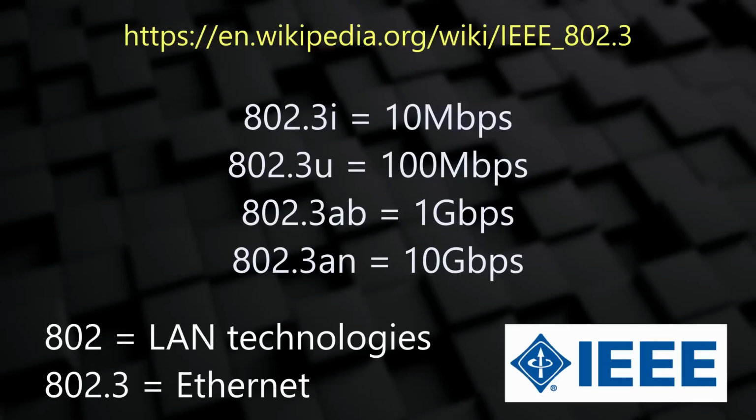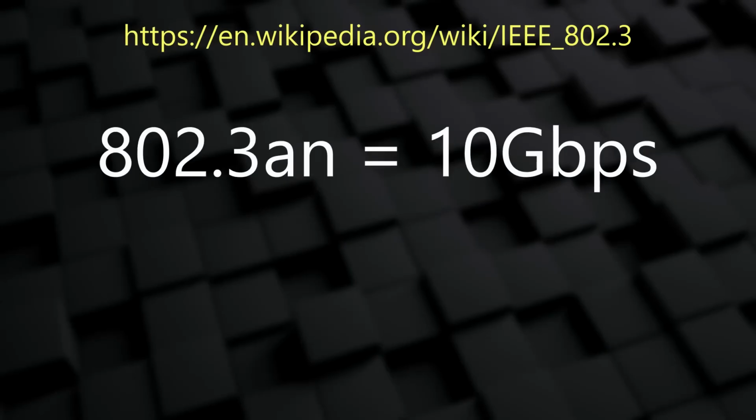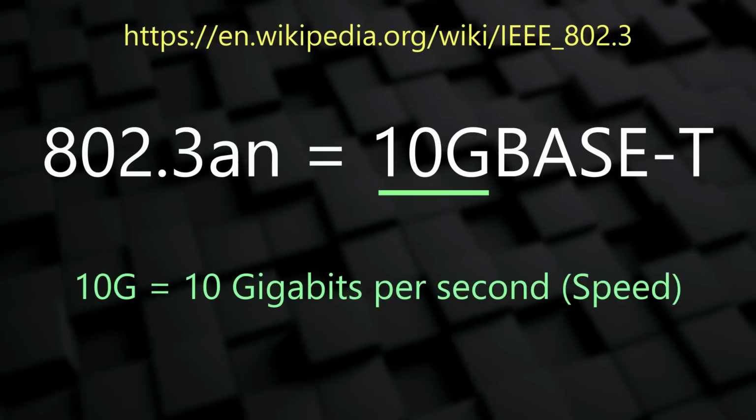If you'd like to see a full list of Ethernet standards, have a look at the Wikipedia page on IEEE 802.3. Codes like 802.3AN can be tricky to remember, so each of these physical standards have friendly names, which are a bit easier to understand. For example, 802.3AN is also known as 10G base T. This gives us a bit of a hint about what the standard is. The 10G refers to the speed of the connection.